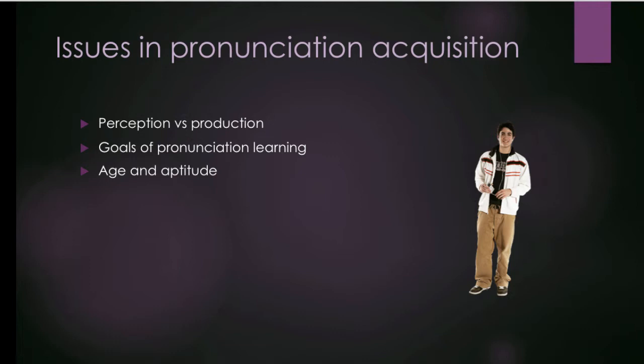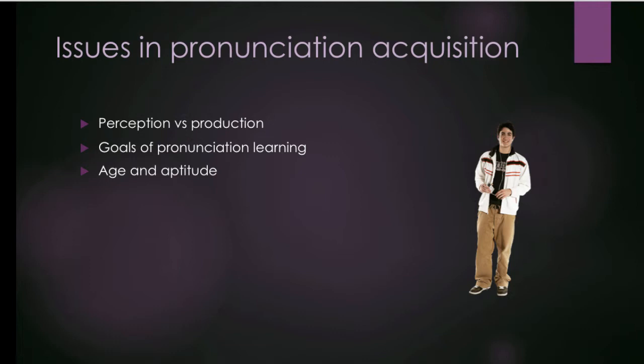So there's quite a bit of individual variation. It does depend how much input you get. So even if, for example, you start learning French, let's say in New Zealand when you're very young, you probably won't end up sounding native-like simply because you won't get enough French.